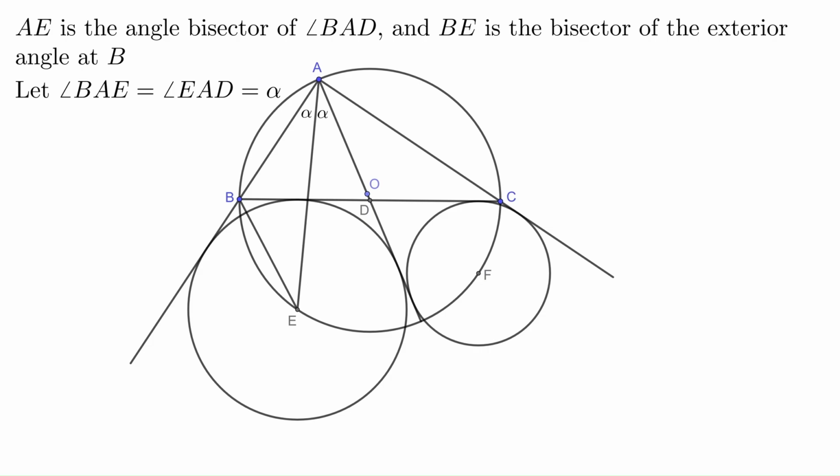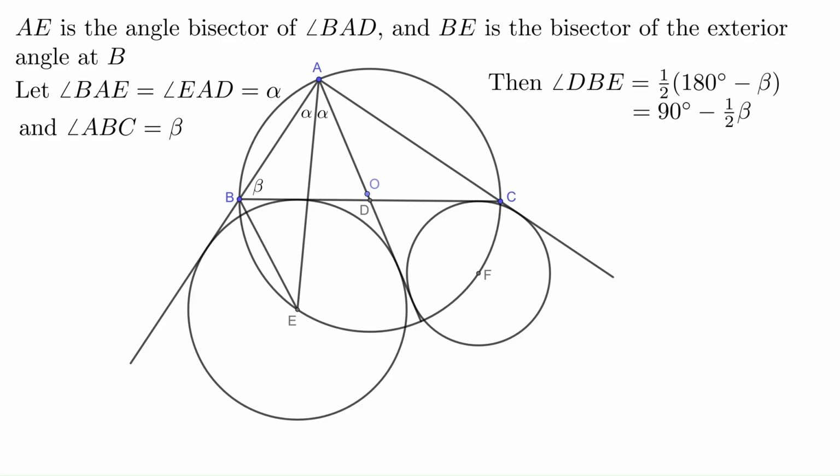And the angle BAC has a measure beta. So the exterior angle at B has a measure 180 degrees minus beta, and the angle DBE is one half of it. It has a measure of 90 degrees minus one half of beta.